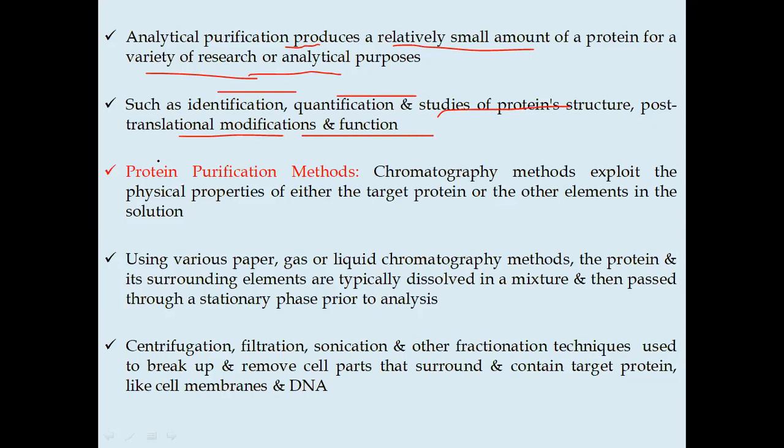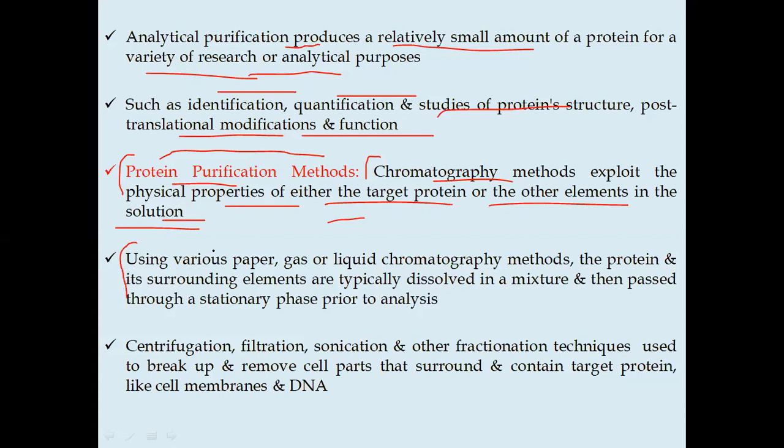Next are the methods involved in purification of protein. We will discuss a general procedure of purification methods. First is chromatography methods. These methods exploit the physical properties of either the target protein or other elements in the solutions.